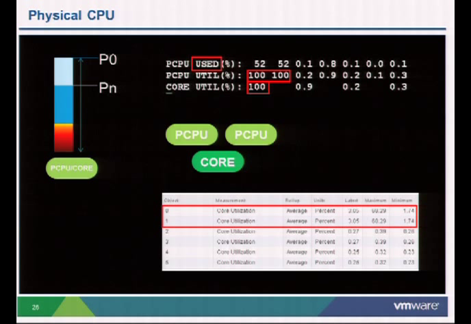The one measured with reference to the current clock frequency is called util. This means you could have different values for used and util depending upon whether Pn is the same as P0 or different from P0. And this happens when you have power management enabled.